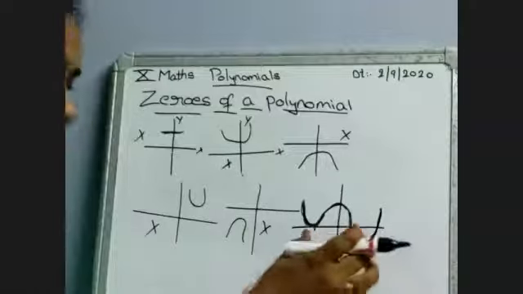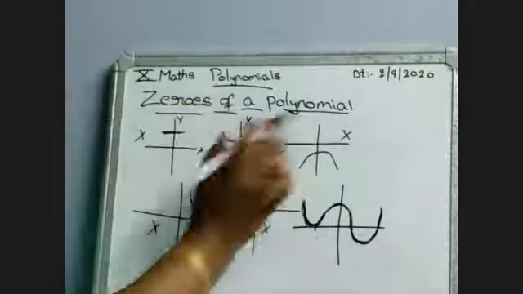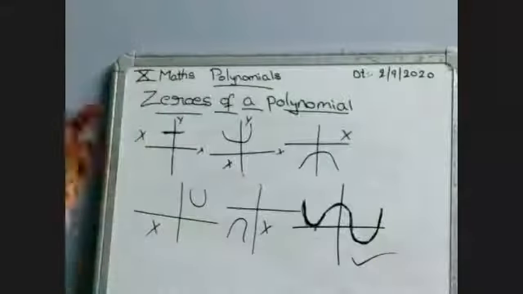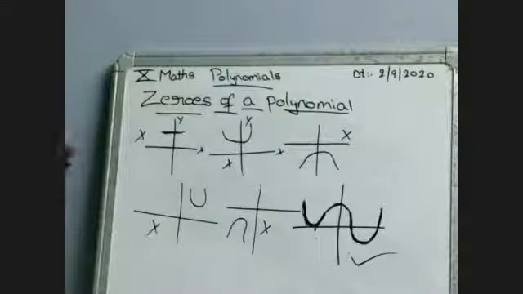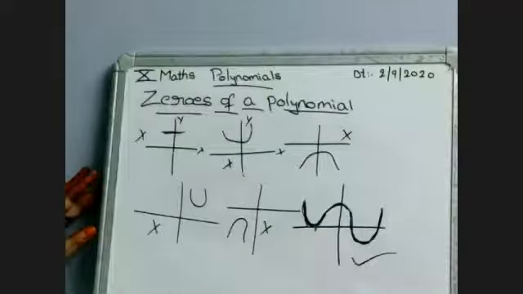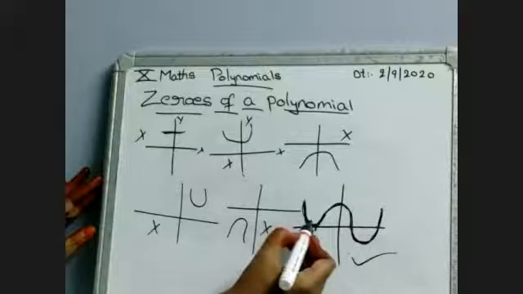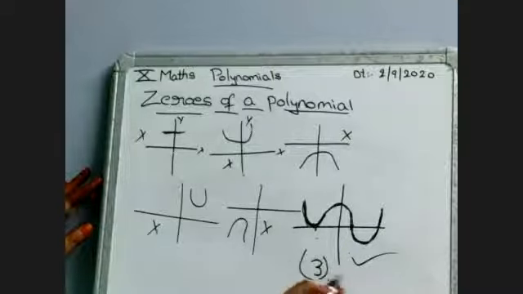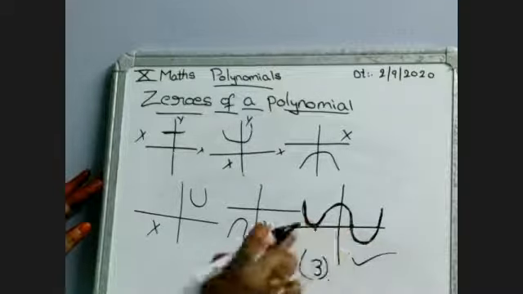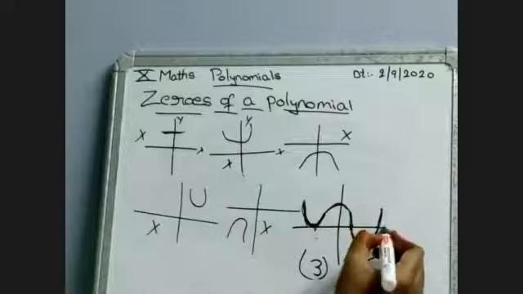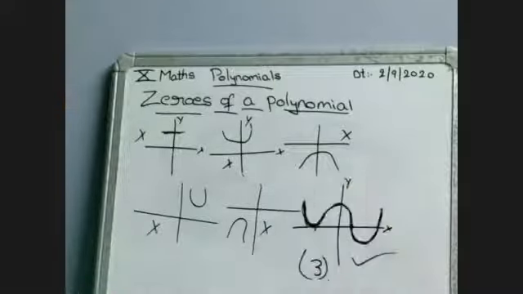So this curve has zeros of the polynomial. How many zeros? Just keep in mind how many times it cuts the x-axis. Here 1 time, 2 times, 3 times. So the zeros of the polynomial for this curve is 3, because the curve cuts the x-axis 3 times.